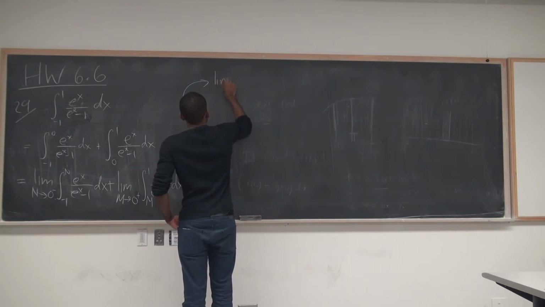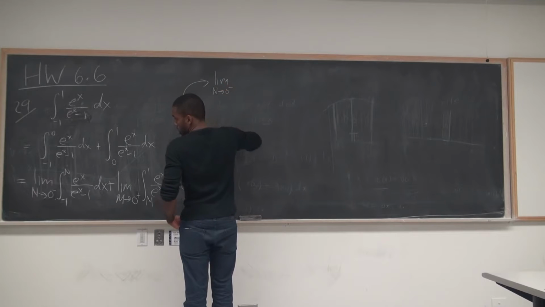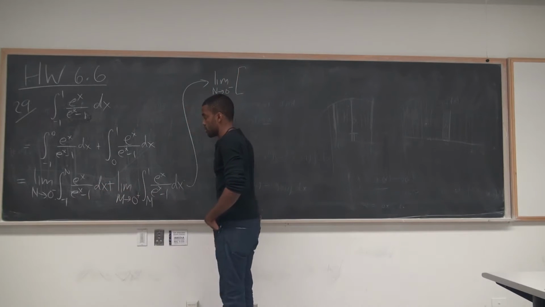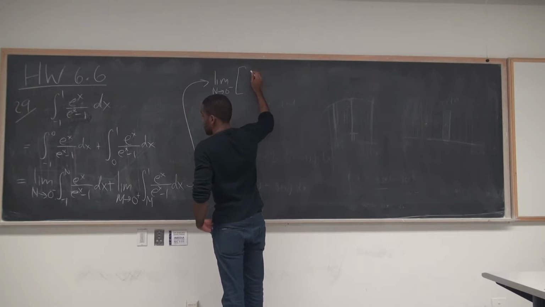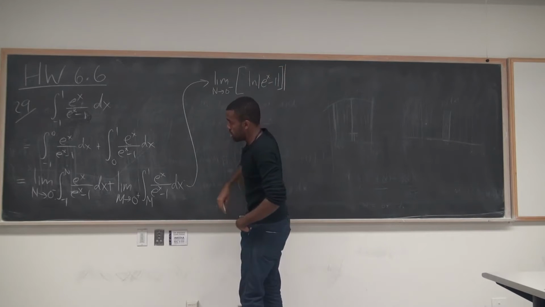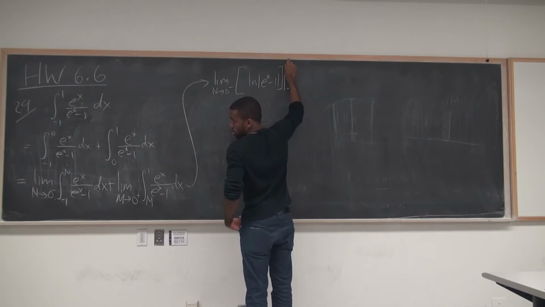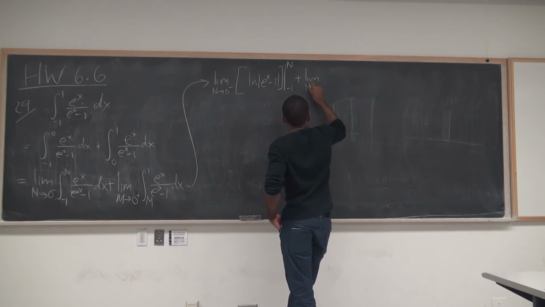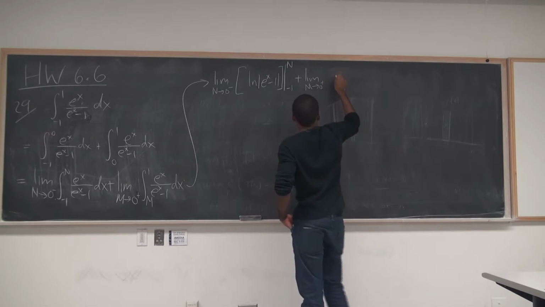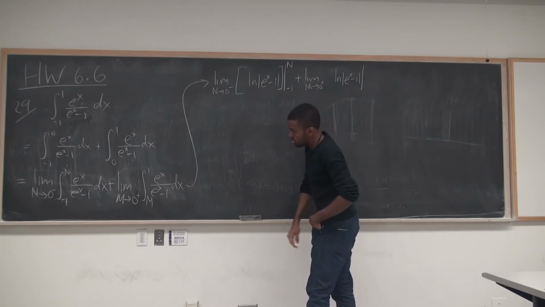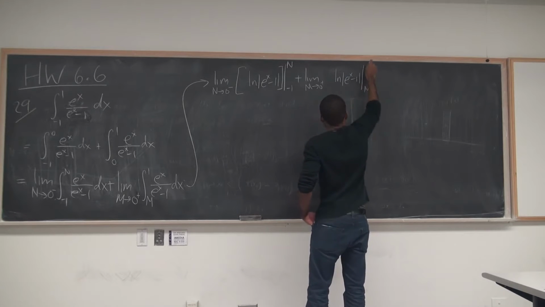So this is the limit as n approaches 0 from the left. What's the integral of e to the x over blah? ln of e to the x minus 1 between -1 and n, plus the limit as m approaches 0 from the right of ln of e to the x minus 1, m up to 1.